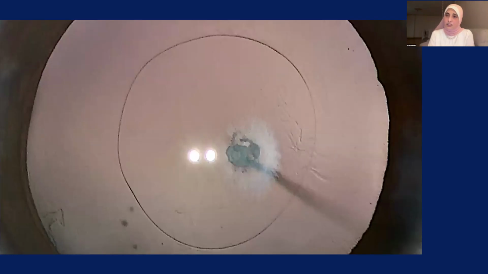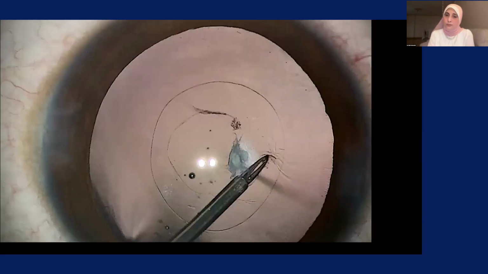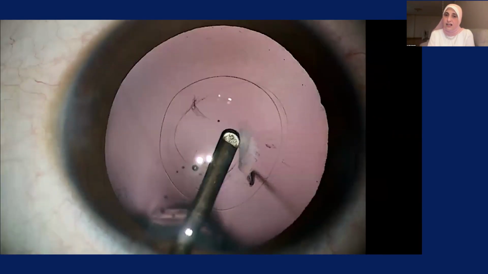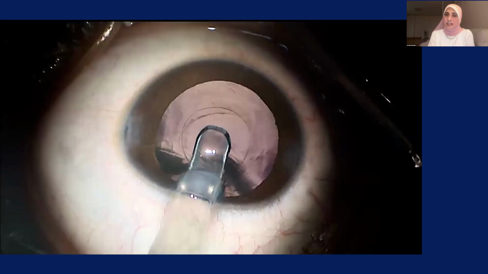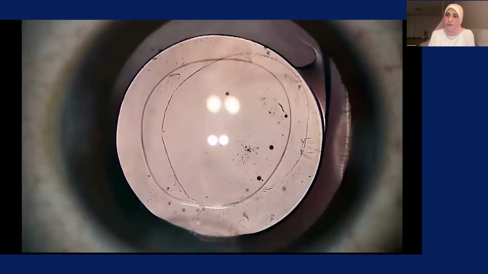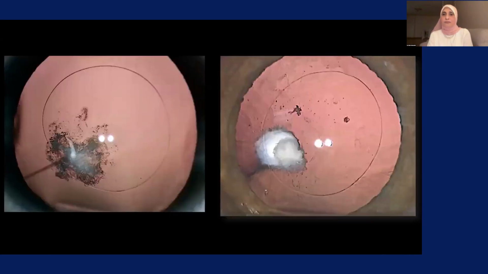After irrigation aspiration, we usually perform posterior capsular rexis around the insertion of the hyaloid artery, and then we eat up the hyaloid artery with the cutter and perform anterior vitrectomy, and we inject the intraocular lens between the two rexes.